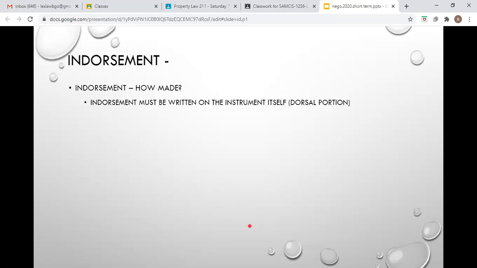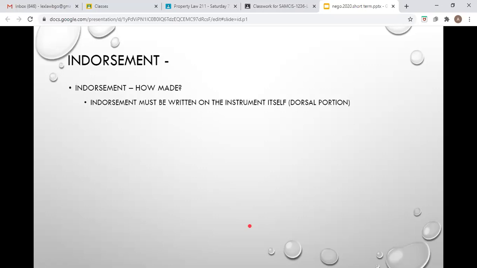Hindi lang delivery na, meron na siyang tinatawag na endorsement. And this endorsement now precedes the delivery. Bago mo ibigay, dapat i-endorse mo muna. If you just delivered that payable to order instrument without the requisite endorsement, what will happen? That is not negotiation. Rather, that will now be considered as an assignment.